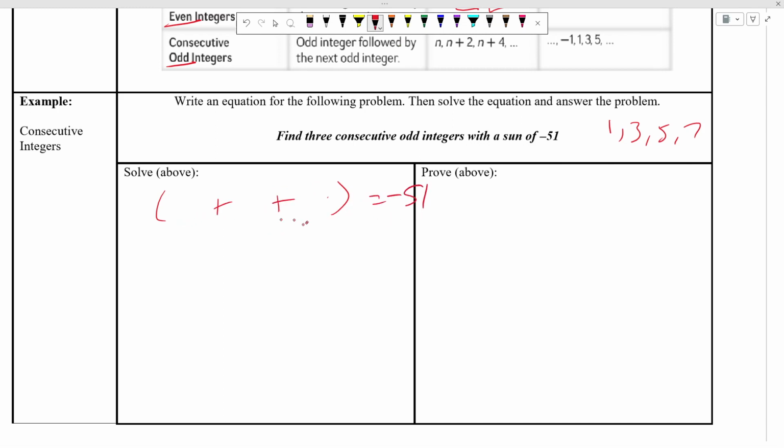Now, what exactly am I summing? What am I adding together? Well, I'm adding 3 things together, 3 consecutive odd integers. Now this is all the problem tells me. It doesn't exactly tell me what they are. I don't know where we're starting from in our counting process, but it's okay.